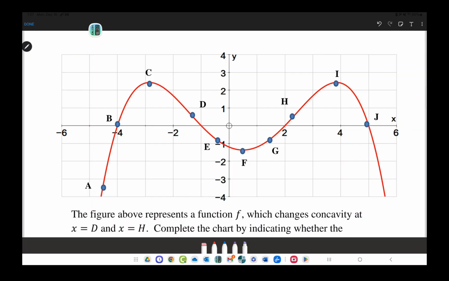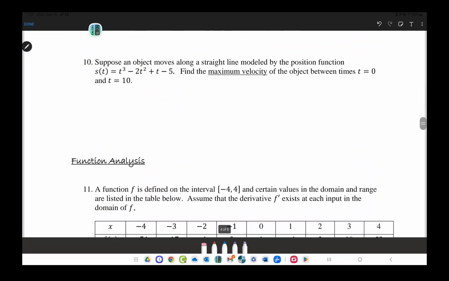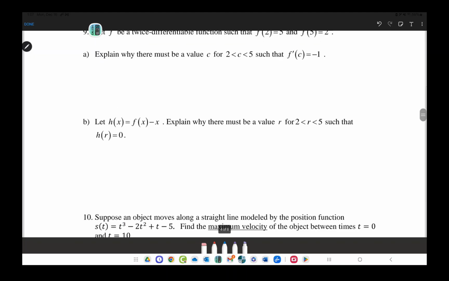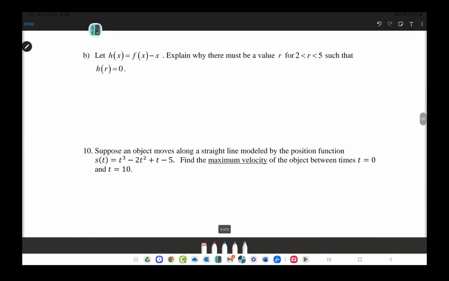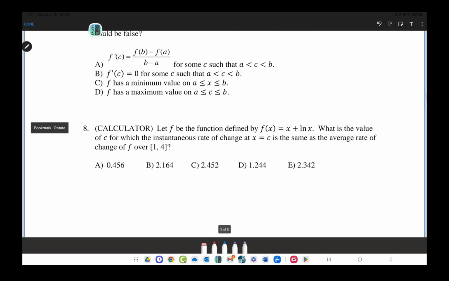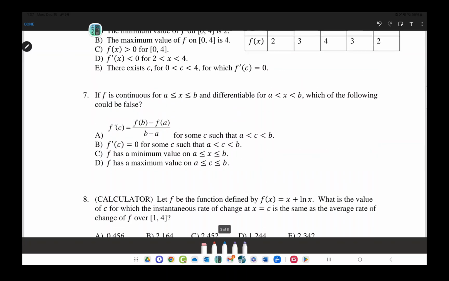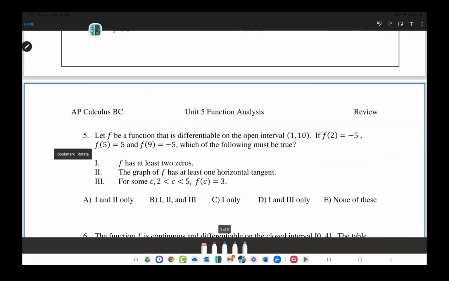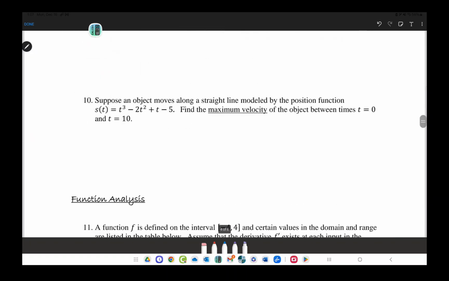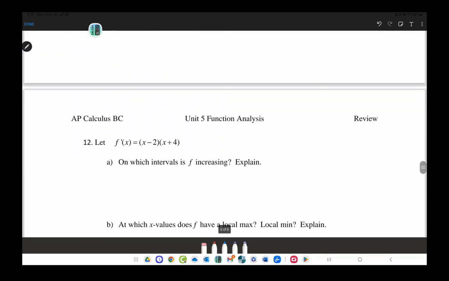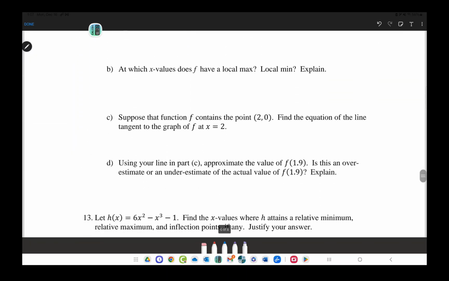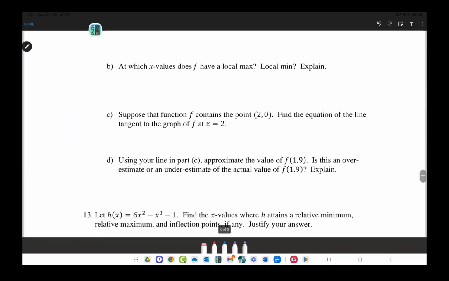Given an actual function, when you find your points of inflection, make sure to justify your answer.